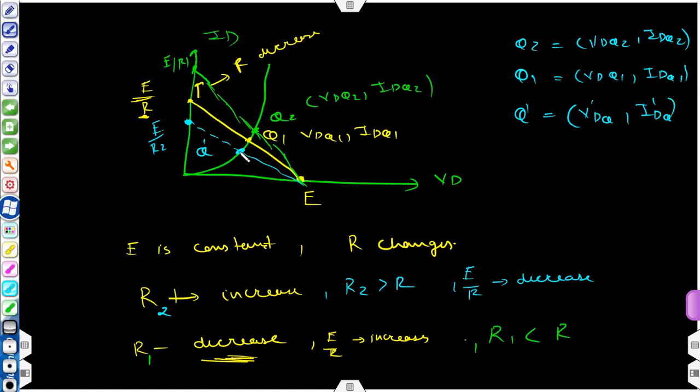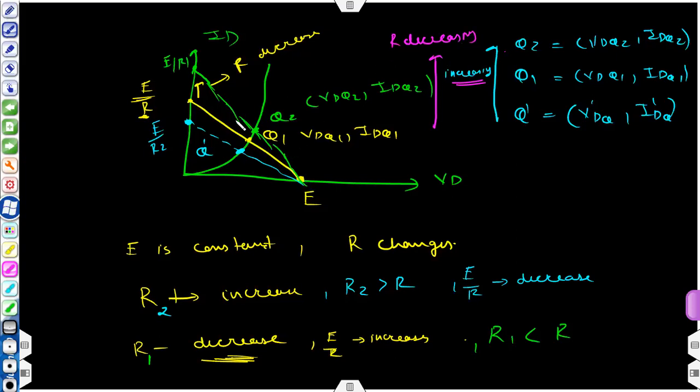So you can see that this is a comparatively lower value, and this is increasing. You can make one more arrow. So this V and I are increasing for R decreasing.